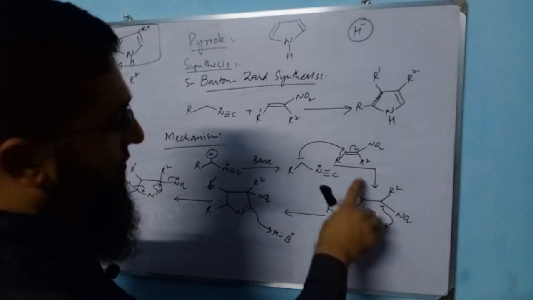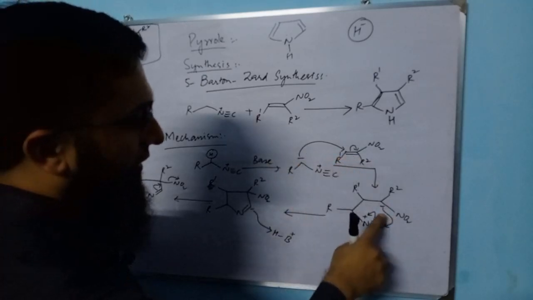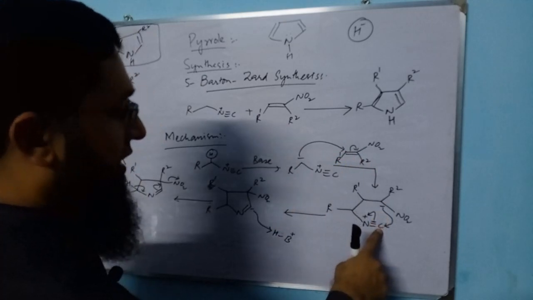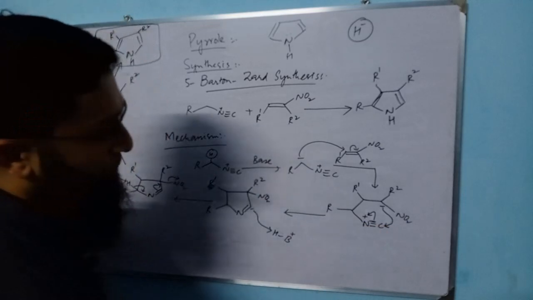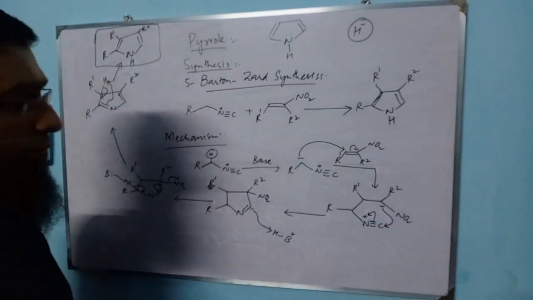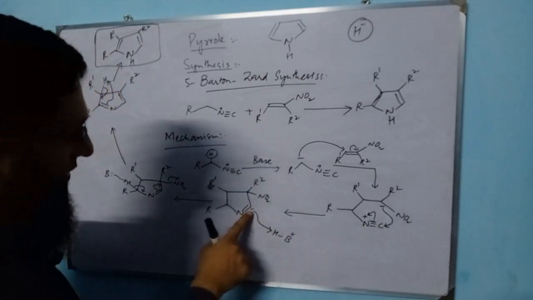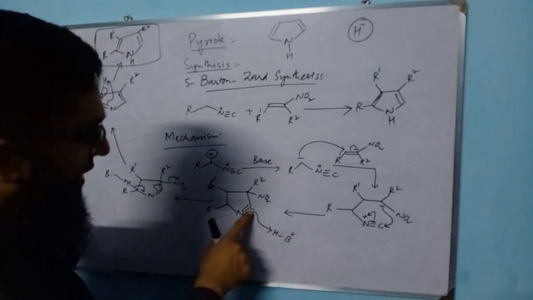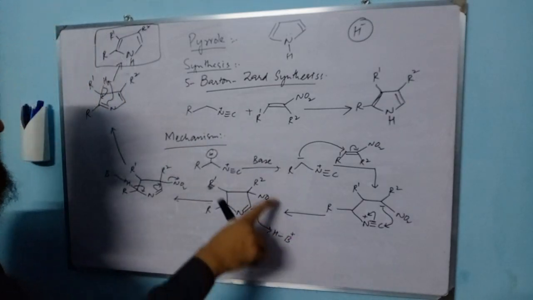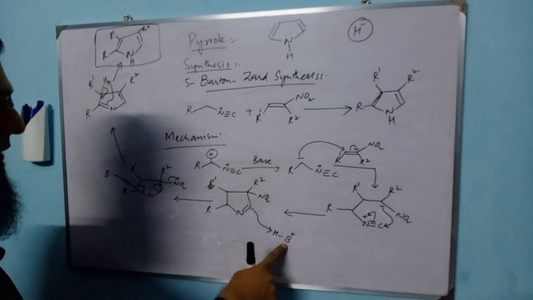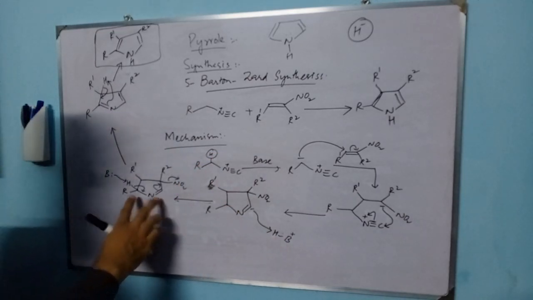This carbanion attacked on the carbon of isonitrile, because carbenes can be electrophiles or nucleophiles, and in the next step this negative charge got proton from the solvent because base had already taken this proton, and in the next step we had this molecule.